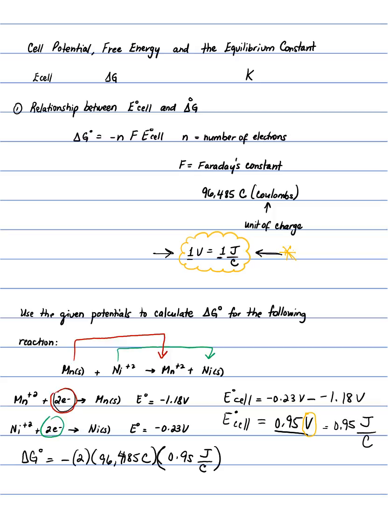Right now, you have your coulombs here and here, which means that whatever number you're calculating right there will have units of joules, which is units of energy. So you have 2 times, this will be a big number because you have 96,485 times 2 times 0.95, 1.83 times ten to the 5 joules.